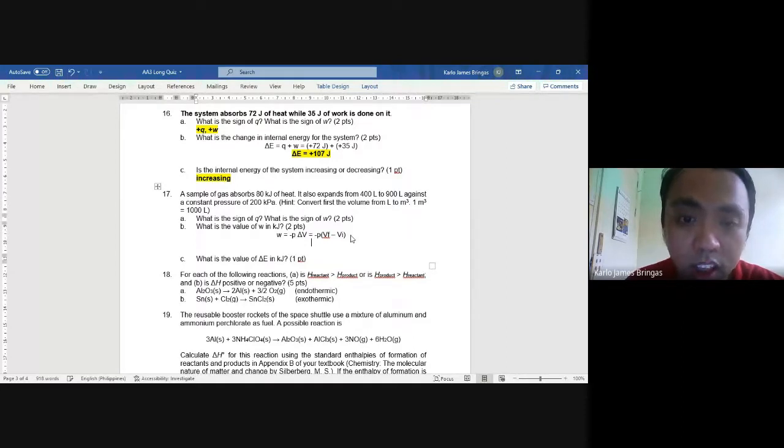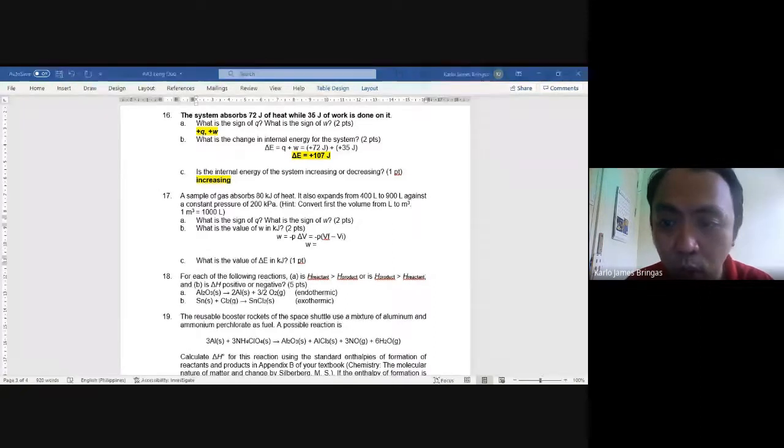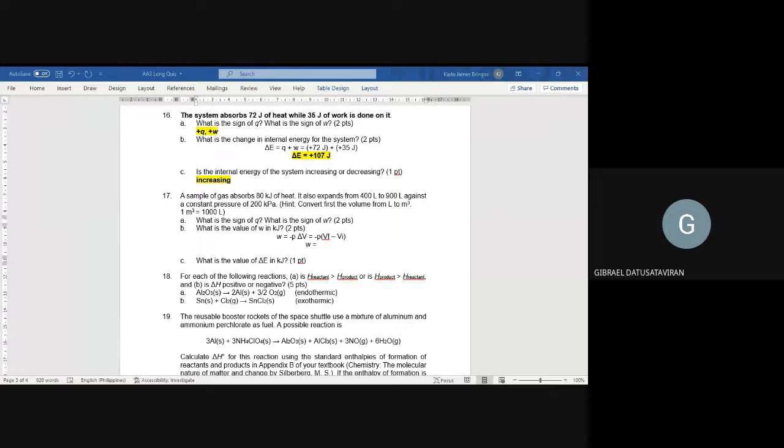So using our calculator, we can convert this one quite easily. So 400 liters, can you please convert it for me? So how much is 400 liters in cubic meters? So anybody who can compute for us how much the volume in cubic meters is for 400 liters? 0.4, sir.